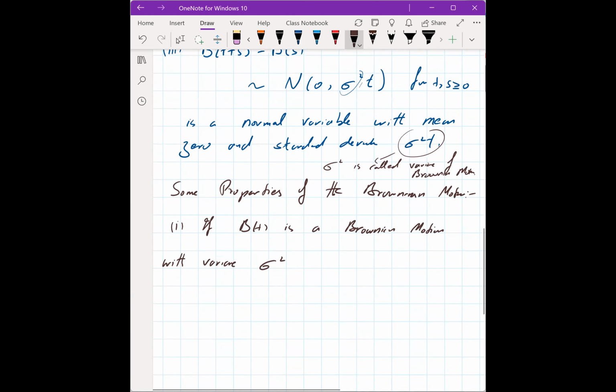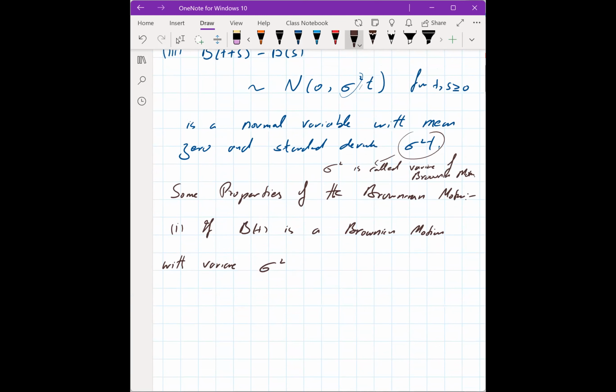So one should think of it, before I go to this property, I was just going to make a comment. One should think of it like if I consider this Brownian motion, for some unit step I expect certain deviations. It can go up, go down. I'm expecting certain deviations.